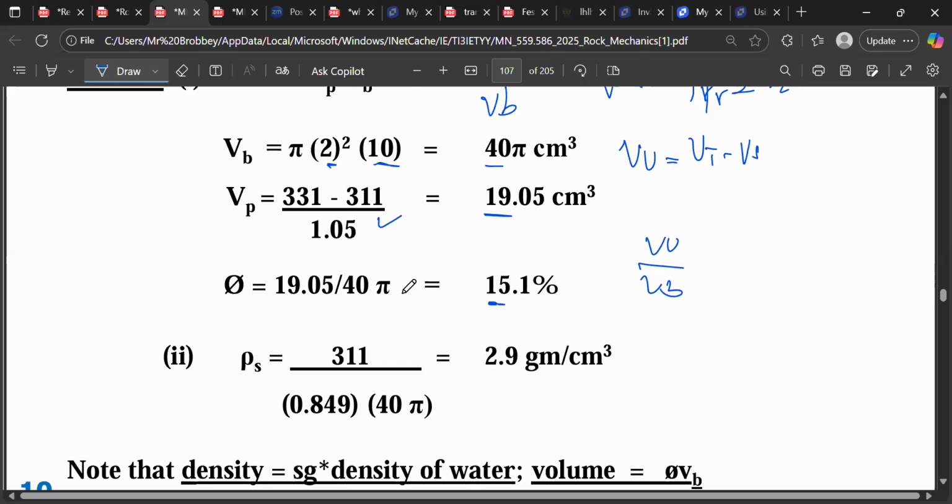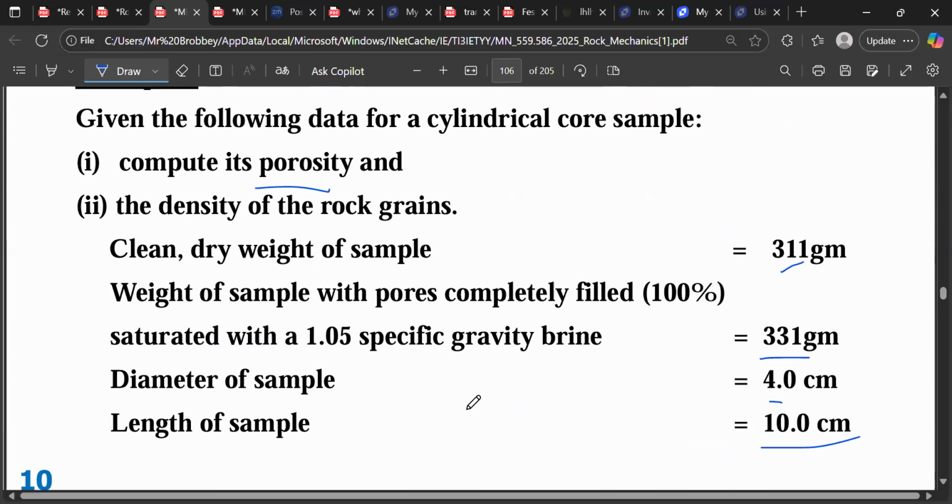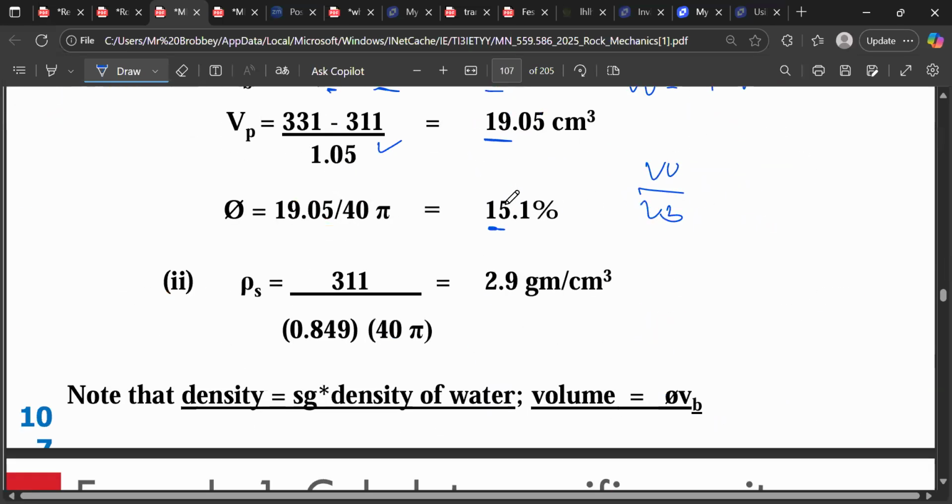And now the second one is that you want to find the porosity and the dry density, or the density of the rock grains, right? So the density of the rock grains is 311, or you're going to say the dry mass all over the total volume, right?